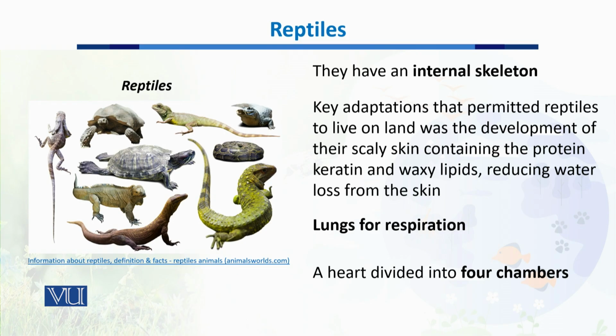The most important adaptation that has successfully helped reptiles to live on land was the development of a scaly skin, which contains a protein, keratin, and waxy lipids. This really helps them to inhabit different habitats, even very dry and hot habitats, because the scaly skin helps them reduce water loss from the skin.